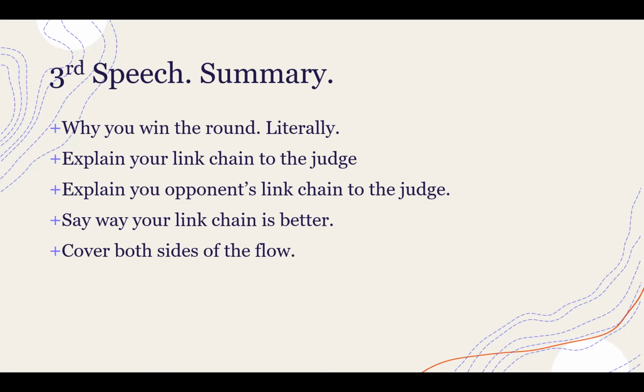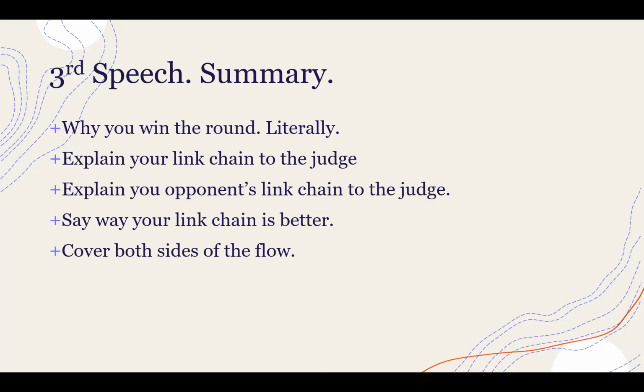And this is where you explain your link chain to the judge, which is basically your whole string of warrants. This is where you explain your different arguments, you take them apart, and you tell the judge, realize that my evidence leads to this. My opponent tries to say that my evidence doesn't lead to this, but my evidence actually does lead to this, which is why, judge, this is true.